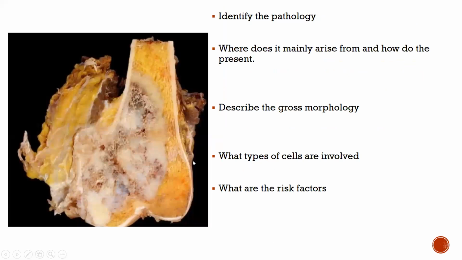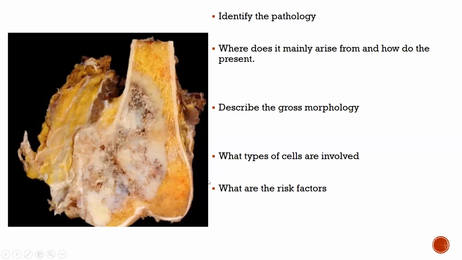Okay, again, there's another tumor here. What part of the body is this? Anyone? No. Okay. This is the bone, the connective tissue. And here, this is the way it looks.